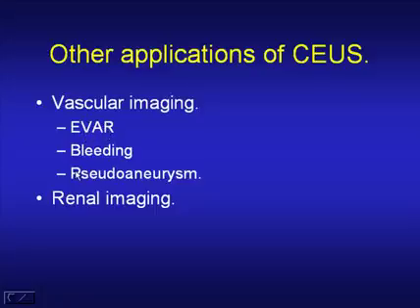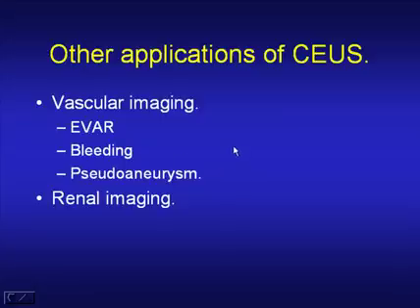You can detect pseudoaneurysms in pancreatitis very effectively. And you can even track acute bleeding from liver and spleen and abdominal trauma and show exactly where the bleeding point is. In fact, I've even treated a few bleeding lesions by direct injection of thrombin and fibrin tissue glue, having located the site of bleeding using contrast-enhanced ultrasound.